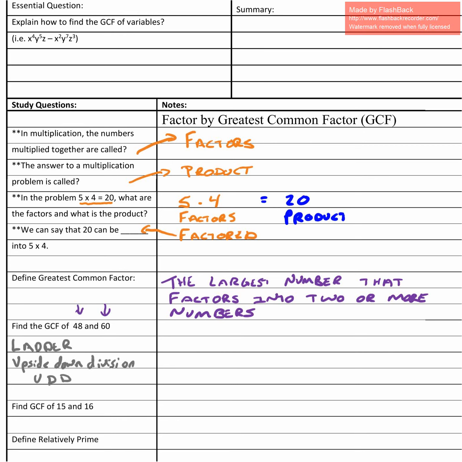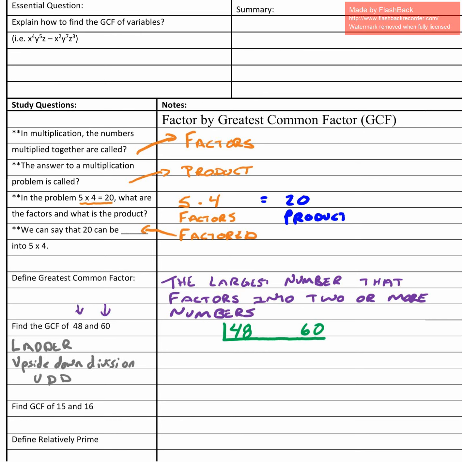Just understand all 3 of these names mean absolutely the same thing. So to get started, we are going to write our 2 numbers. I'm going to write 48 and 60, and I'm going to put an upside down division sign. Some people call this the ladder.